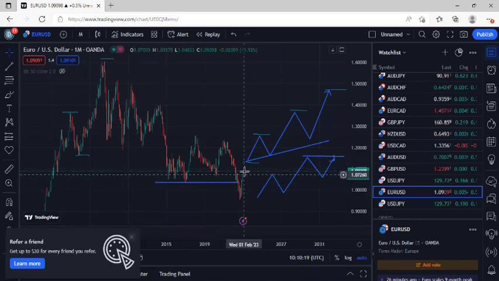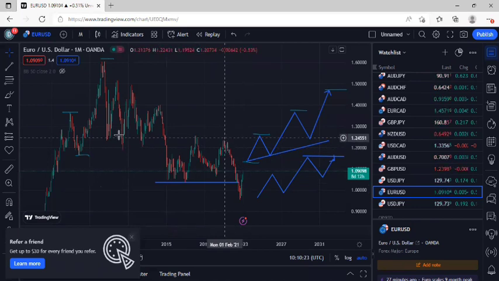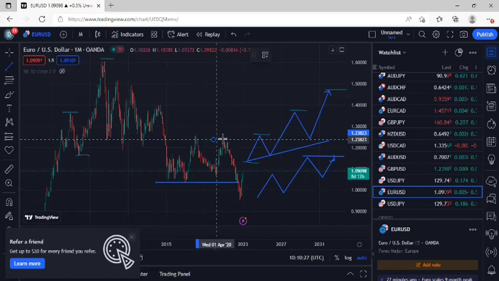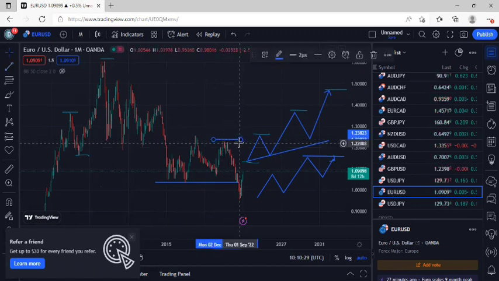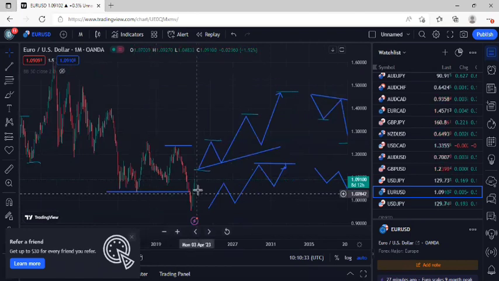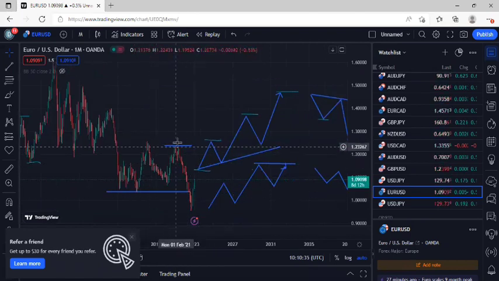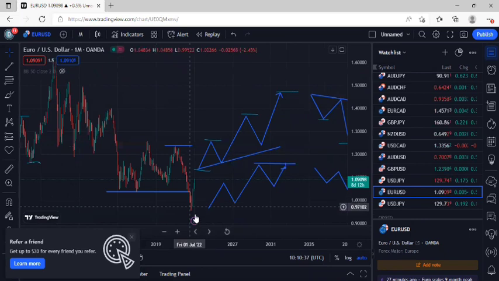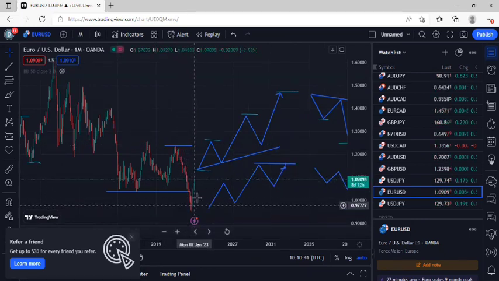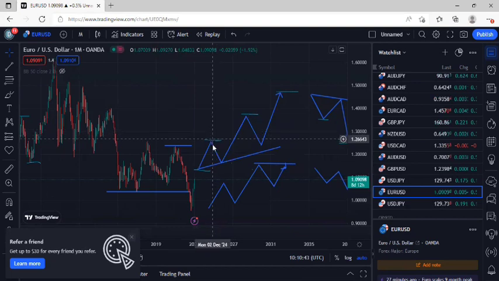So what the market is doing now is retracement. Until it breaks this structure we have here, we are not yet in an uptrend. So far the market has not broken this. Unless the market breaks this structure, that is when we say, okay, we are resuming an uptrend.